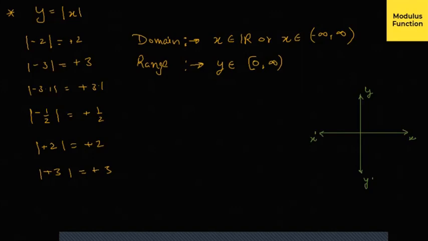Now these are the points on x-axis, these are the points on negative x-axis, these are the points on positive y, and these are the points on negative y. Now let's draw the graph. Graph will look like this, and this. Okay, so let's define this function in another way.